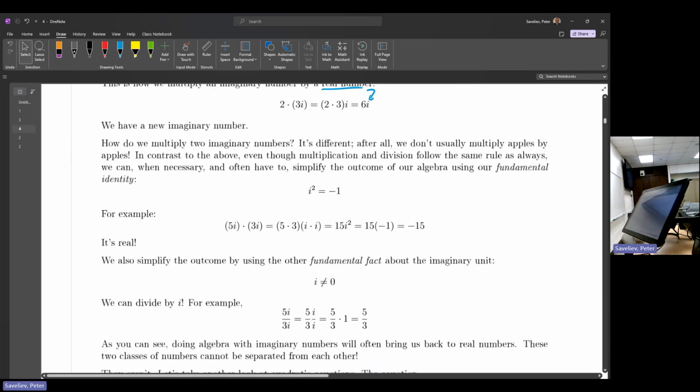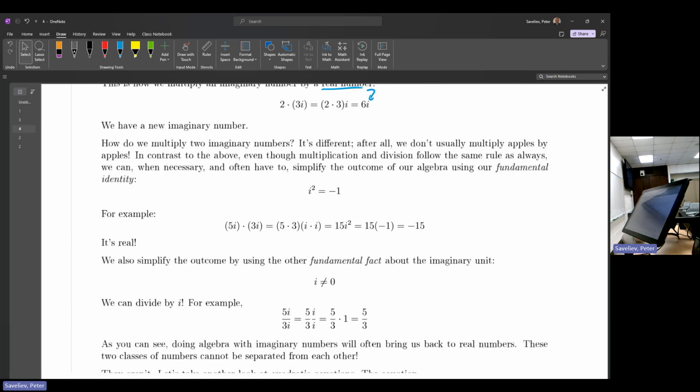Okay, so that allows us to cancel. That's interesting. So you can divide among imaginary numbers, once again producing real numbers. If you divide 5i by 3i, i can be canceled out because it is an imaginary, it's not a real number.